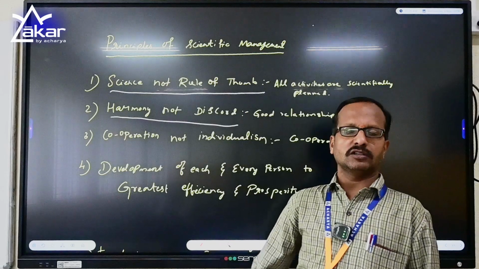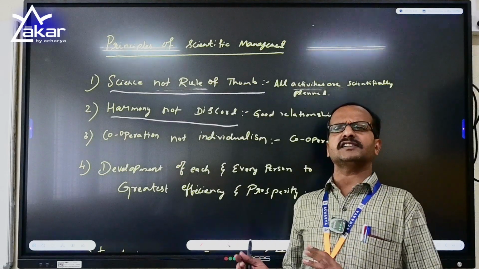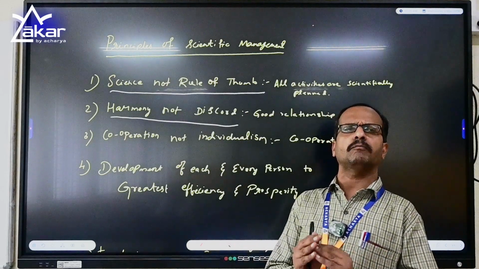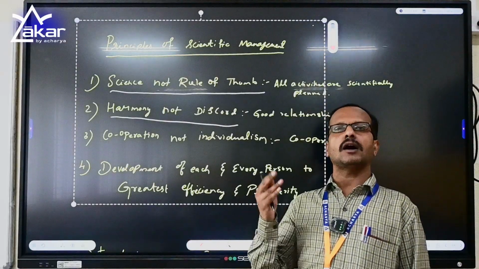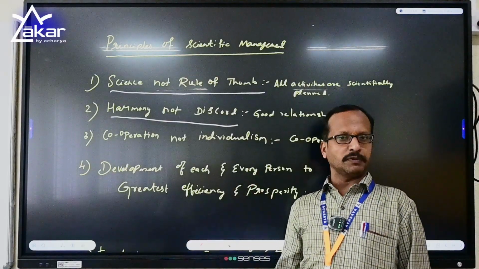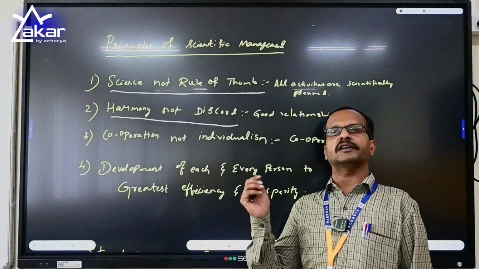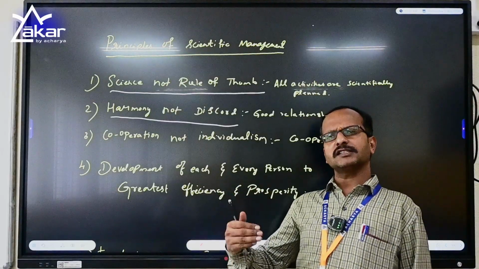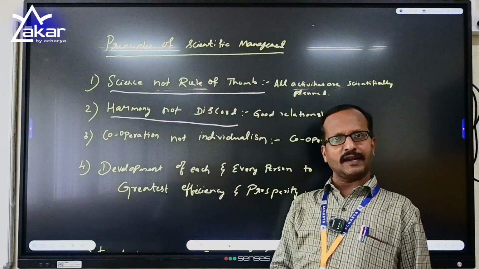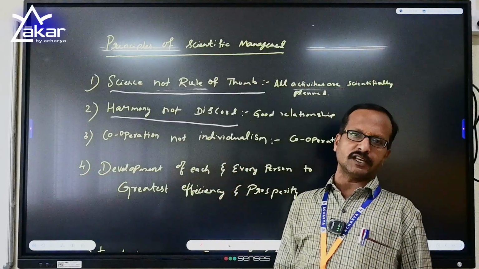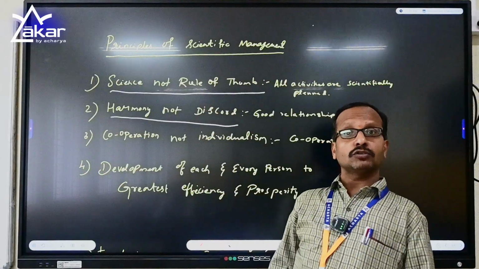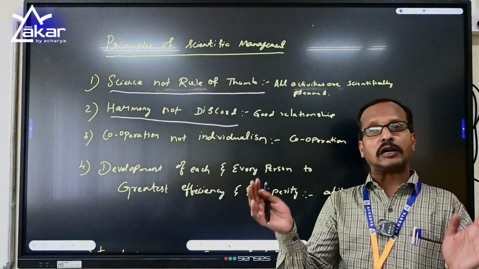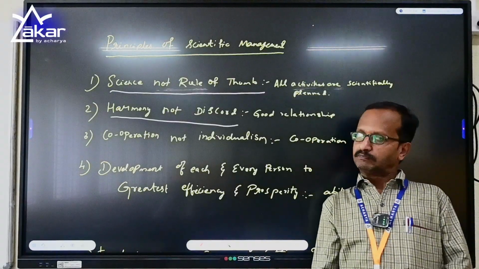Second one, harmony, not discord. It means there should be good relations between the subordinates of a management. It may be top level, middle level or lower level. Whoever it may be, there should be a good relationship. There should be a good relationship between top level and middle level management and middle level and lower level management, and vice versa, lower level to the top level management. And also there should be good relations between the individual subordinates who are working in a particular department. Right?